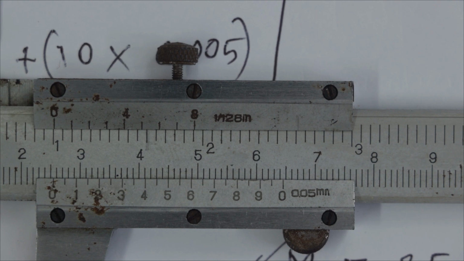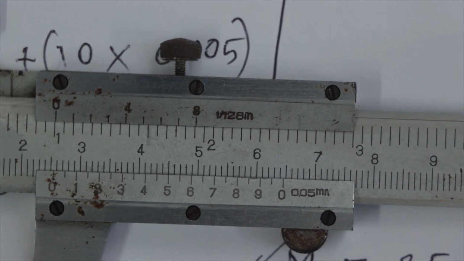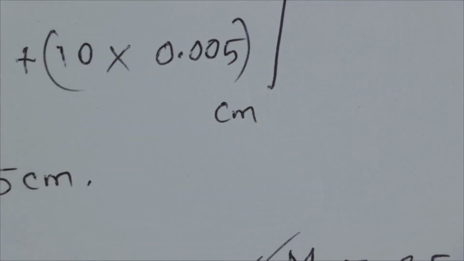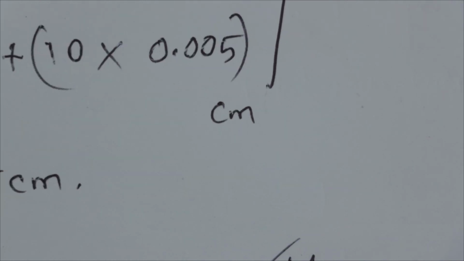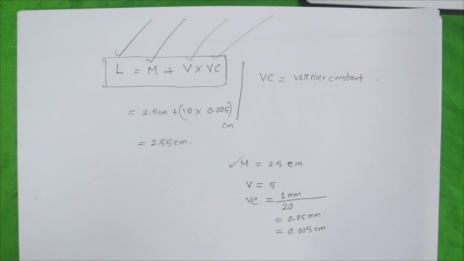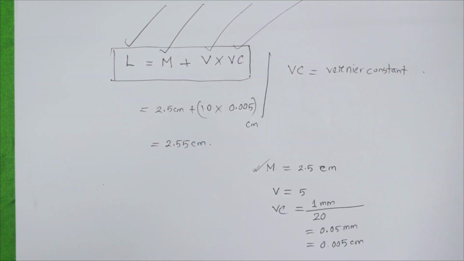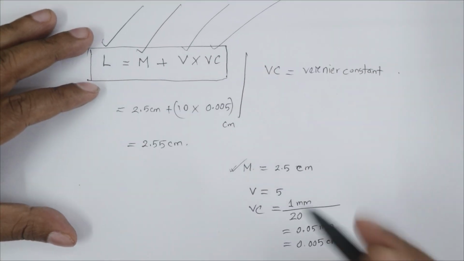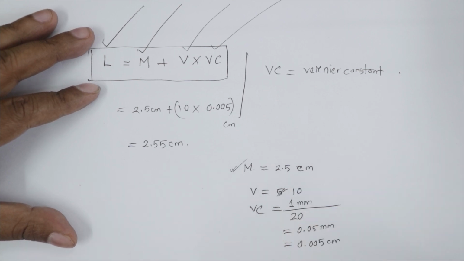That's why the Vernier scale coincide is, actually here 10, because it is double.